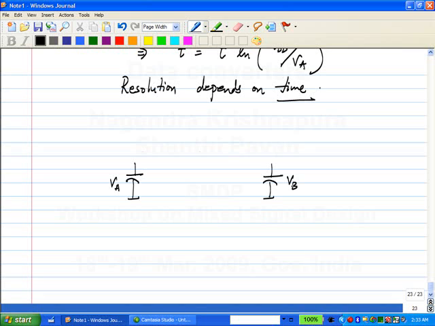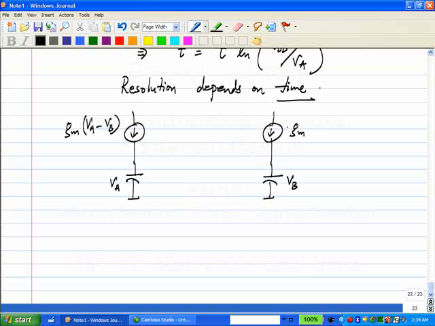So what current must I push in? So I must push in a current here which is GM times VA minus VB. Correct? And here what must I push in? GM times VB minus VA, which can be written as minus GM times VA minus VB.